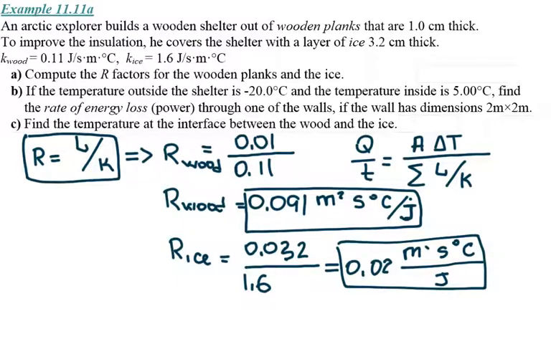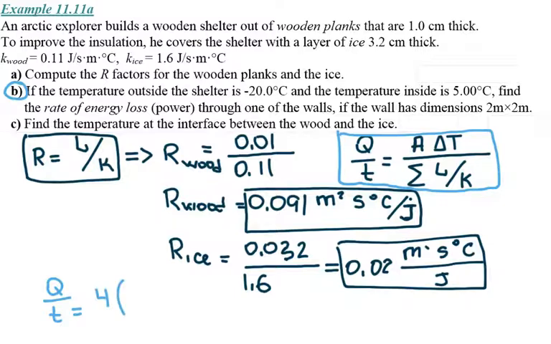And then for the next question, for B, they ask you if the temperature outside of the shelter is -20 and inside is 5, find the rate of the energy loss. So for the second part, if I'm looking for the rate of the energy loss, I have Q over T is equal to, the area is equal to 4 meters squared, so that's 4.